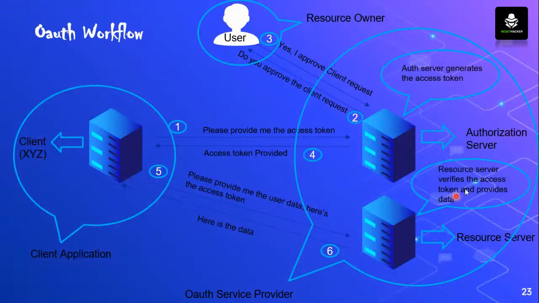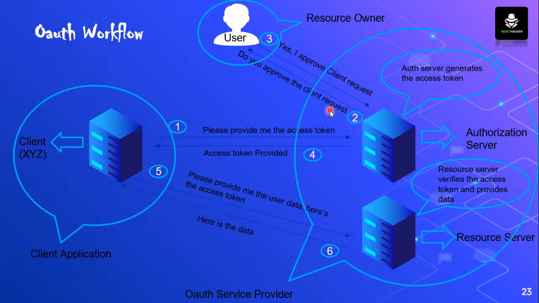So if we see the workflow, the client will say, please provide me the access token, to the authorization server. The next step is the authorization server will go to the resource owner, the user, and say, do you approve this client request? When you click on sign up with Google, it will redirect you to your Google account, and Google will ask your permission to share your profile pic, date of birth, or email ID.